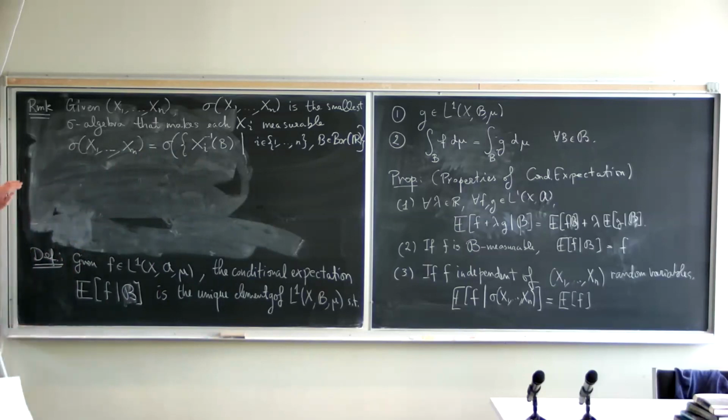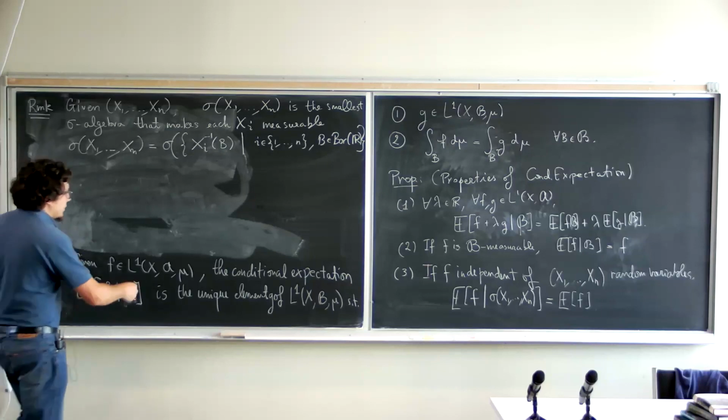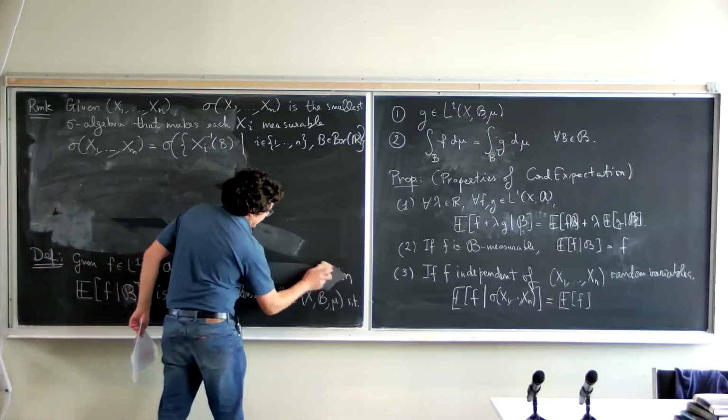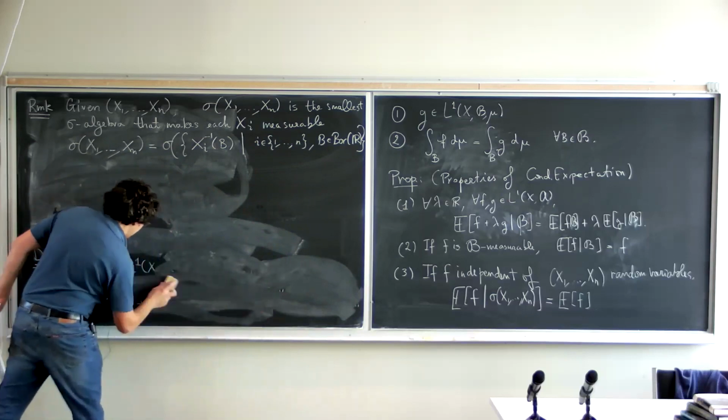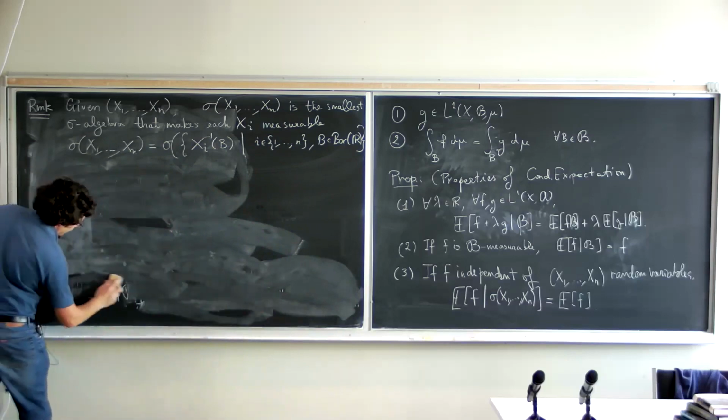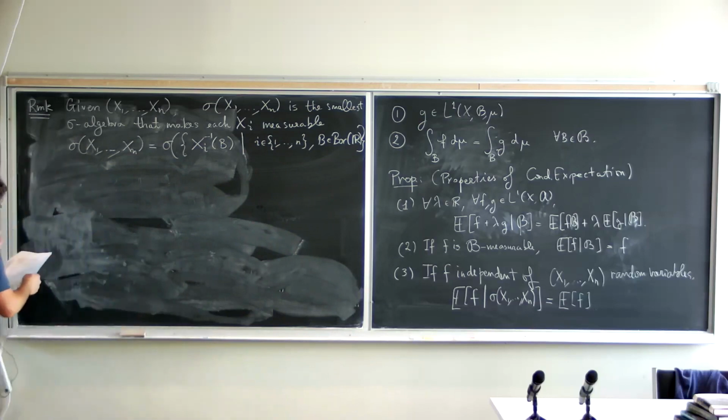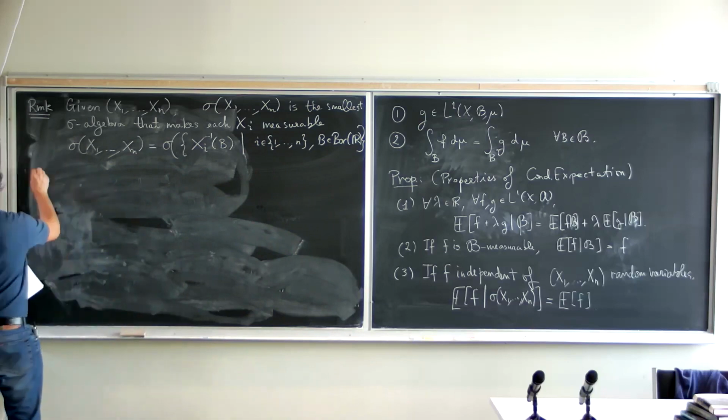This seems very abstract, but in probability it comes really naturally when you have a sequence of random events. Let's see examples.